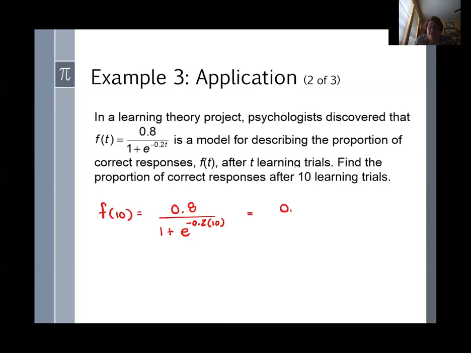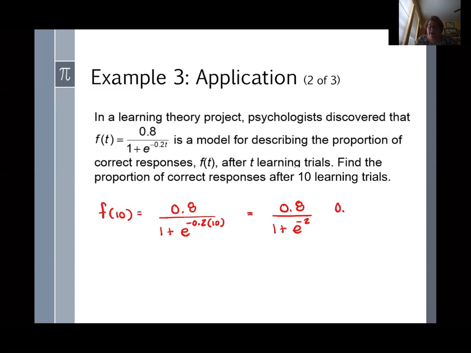I might go ahead and determine what 0.2 times 10 is. And I'm going to get what? Negative 2. Negative 0.2 times 10 is negative 2. So now I'm going to take my calculator out and do this calculation. Whether you use the fraction button on your calculator or use parentheses, however you want to do this, I would probably use parentheses.